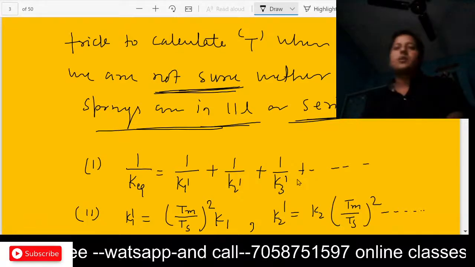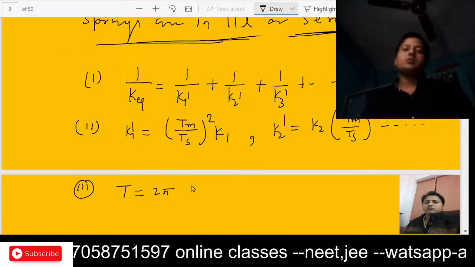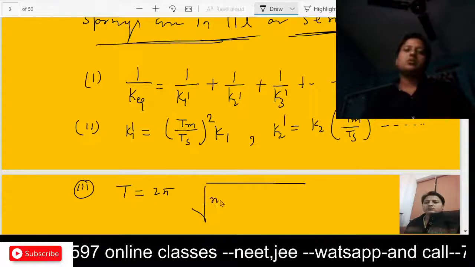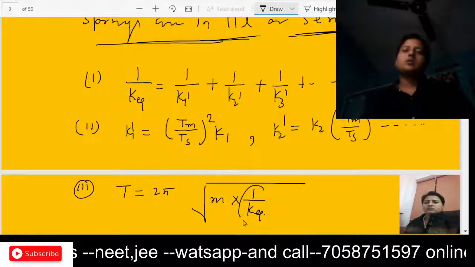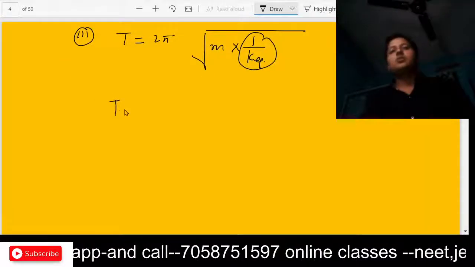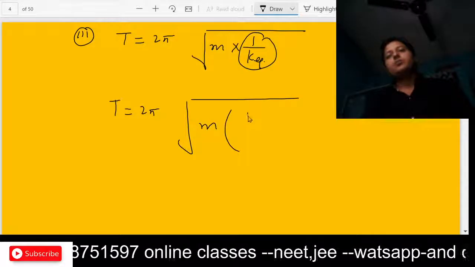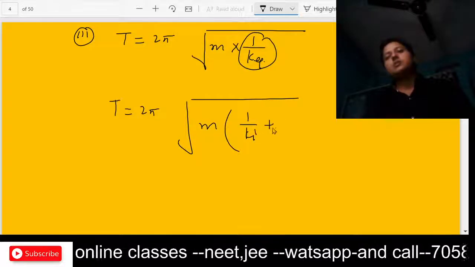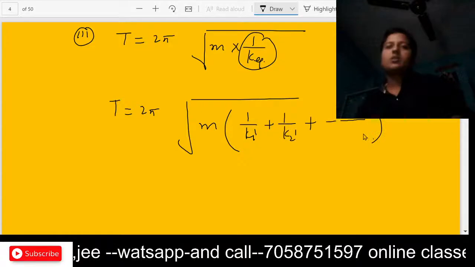So time period will be 2 pi under root m into 1 over k equivalent. And what is 1 over k equivalent here? 1 over k equivalent is 1 over k1 dash plus 1 over k2 dash and so on. Let's apply this trick in some examples.